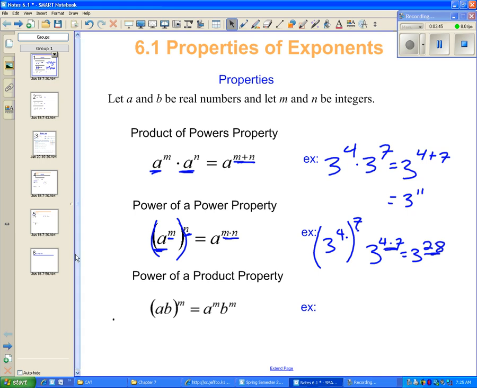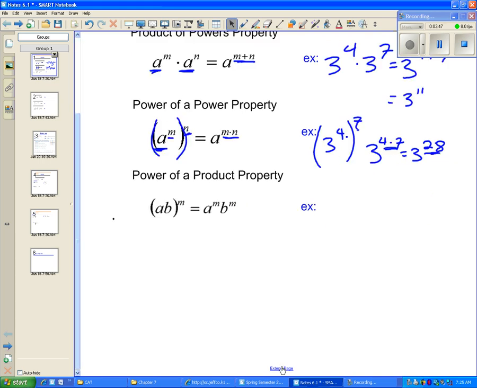Okay? Well, what happens if I'm taking the power of a product? I'm multiplying two things together. I have two different bases, A and B, and they're both being raised to the same power, M. Well, so that's A to the M, B to the M. So how does this work?